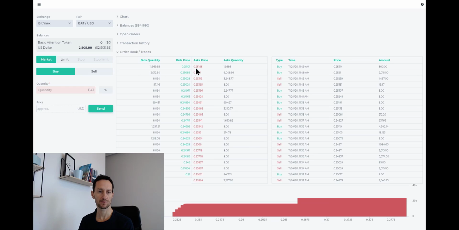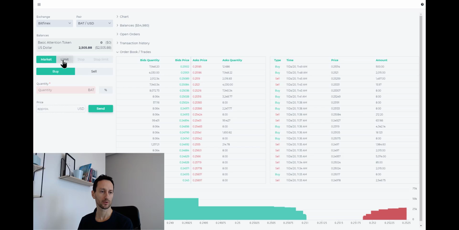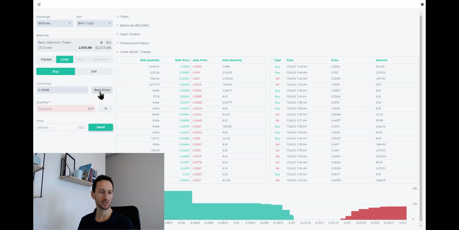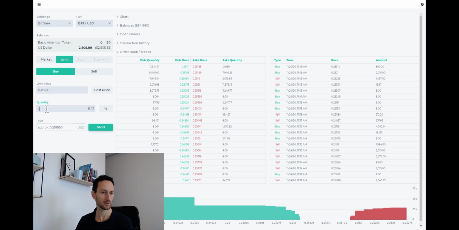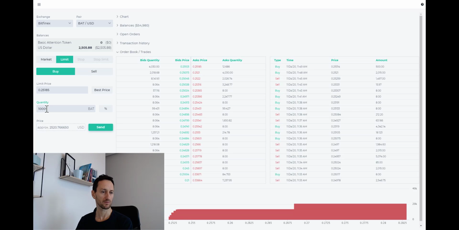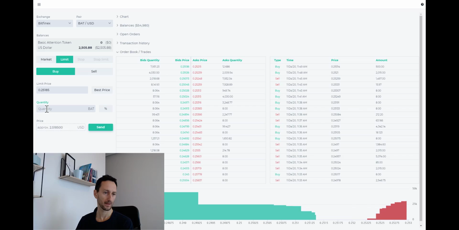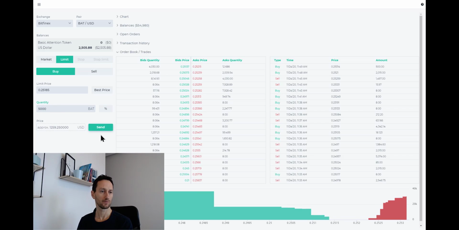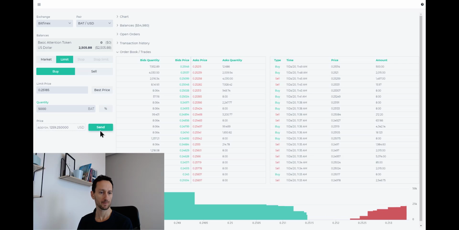It's around 25 cents and change. So I'm going to put in a limit buy at the best price currently. 10,000 would be 2,500, but I want to just buy half of the position, so I'll do 5,000 worth of Basic Attention Tokens.